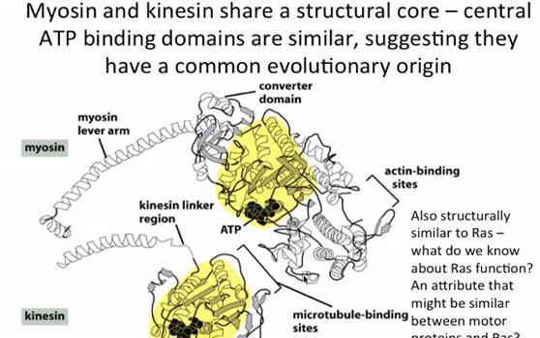So here's myosin, here's kinesin, and they've got this lever arm. So we're looking at the head domain. So this would be your head right here, and there's your lever arm. Here's your head and your lever arm. And it has the ATPase, ATP binding domain here. And here's where it binds to actin. Here's where it binds to microtubules.